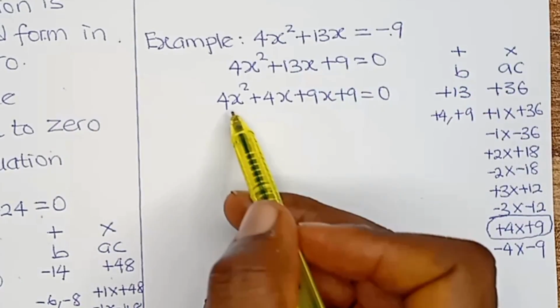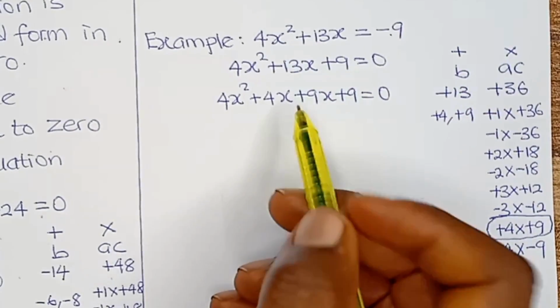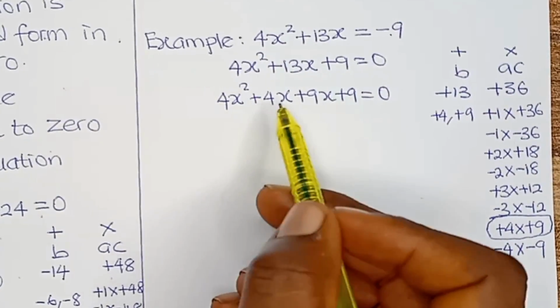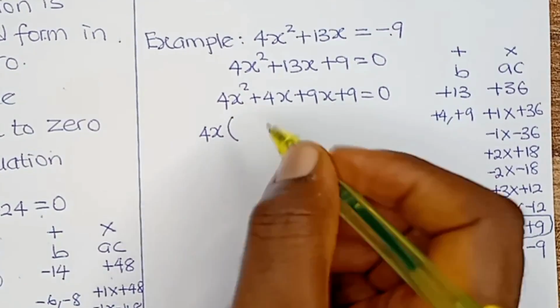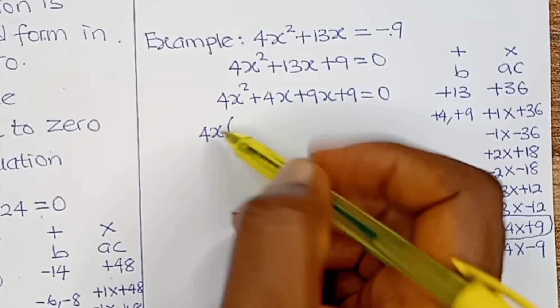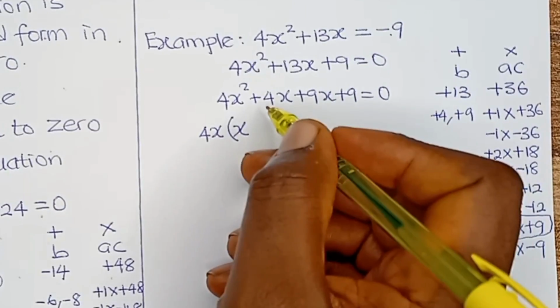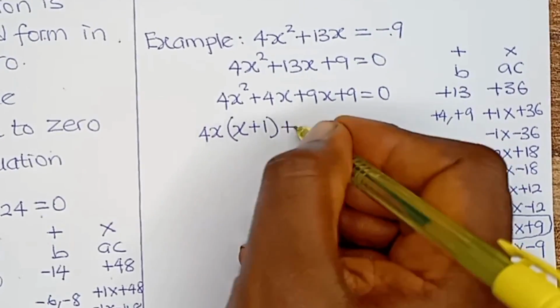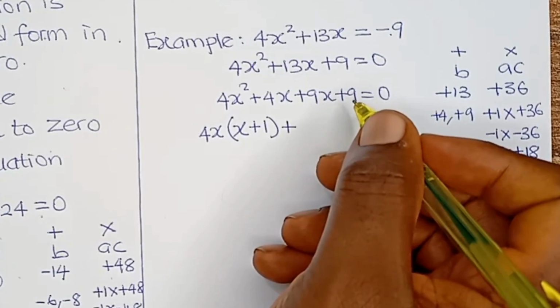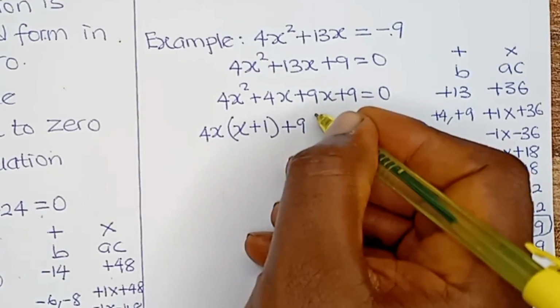Okay, so now we can factorize by grouping. So 4x squared plus 4x, what is common? 4x is common. 4x squared divided by 4x will give us x. 4x divided by 4x will give us 1. Plus 9x and 9, what is common is 9.